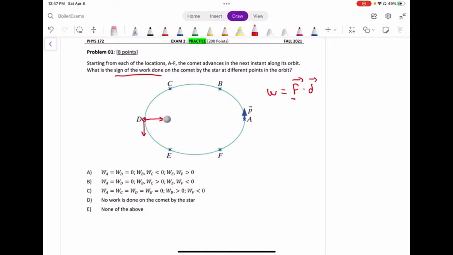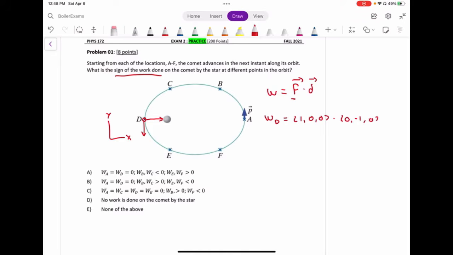And let's make some dummy vectors here. So let's say this is the y direction here, x direction there. Our force vector then, let's just say it's 1, 0, 0, kind of looks like that. And then dotting our displacement vector looks something like 0, -1, 0.